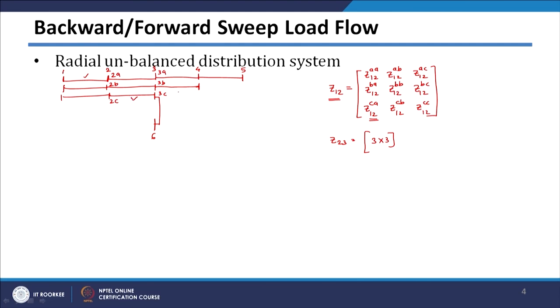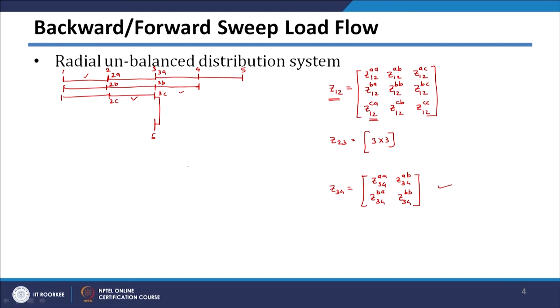However, if you see the section between 3 and 4, in this case your Z34 will be of 2 by 2 size. So it will be ZAA, ZAB, ZBA, ZBB, and since it is between 3 and 4, I can give index 3 4 everywhere. So this will be the impedance matrix between 3 and 4. This is how we have to write.